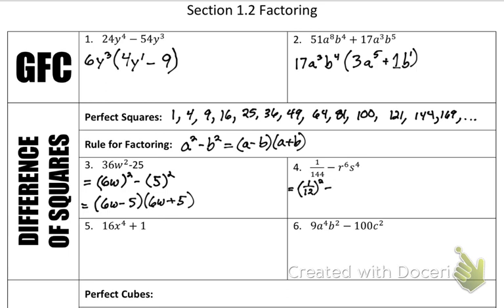Now for the next thing, I need something squared. Now remember, when you raise a power to a power, you multiply. When you raise a power to a power, you multiply. So I need r to something that, when multiplied by 2, gives me 6. I need r cubed.